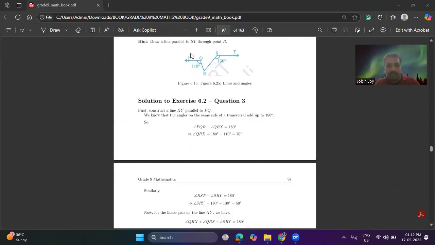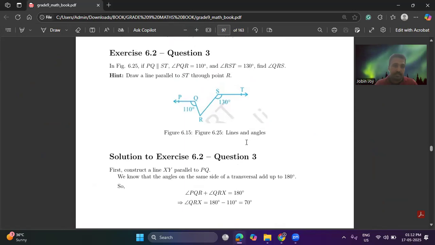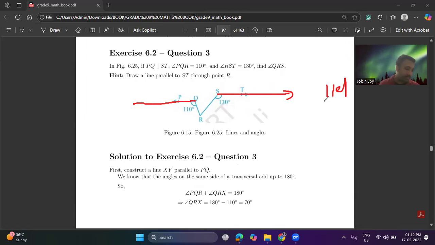Okay, next question. So here we have a line PQ. This line is parallel to ST. PQ and ST, these two lines are parallel. PQR, so I'm drawing like this.